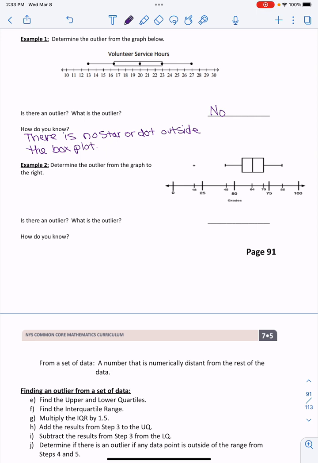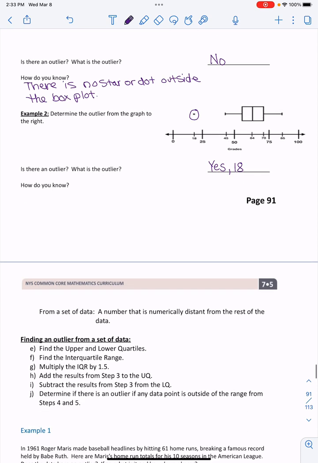Example 2 says determine the outlier from the graph to the right. Well, here's a star right here. So it says, is there an outlier? Yes. It says, what is the outlier? 18. How do we know?